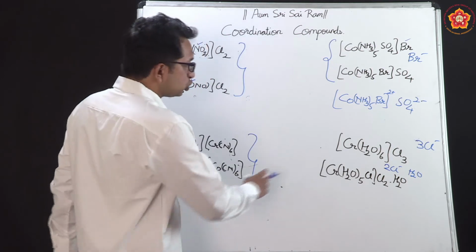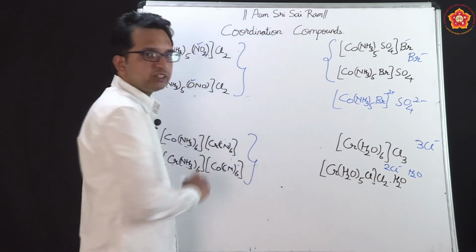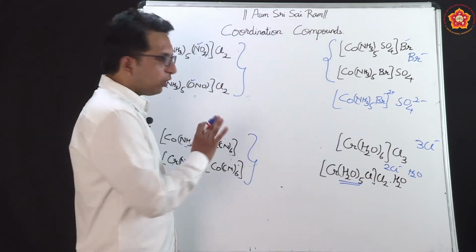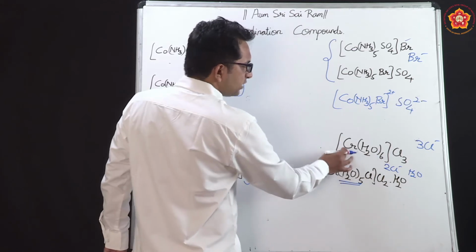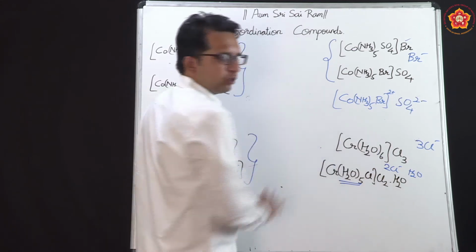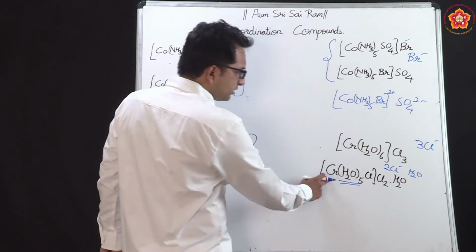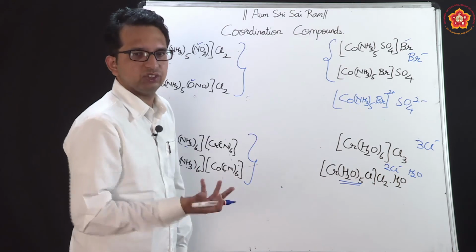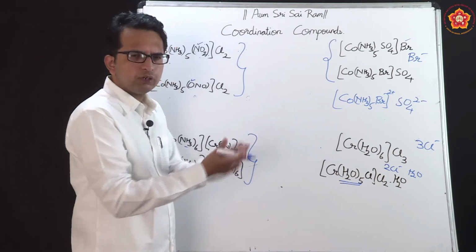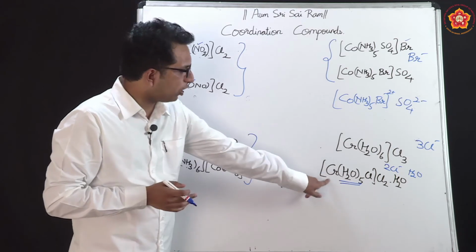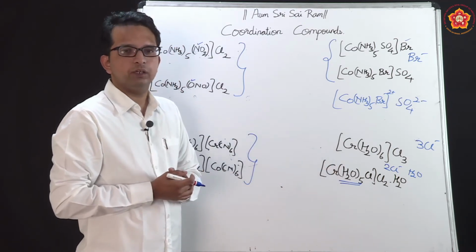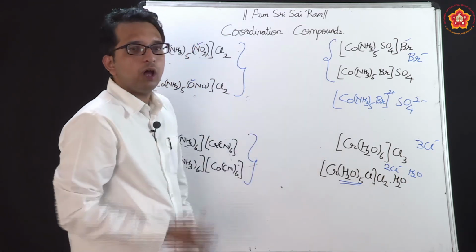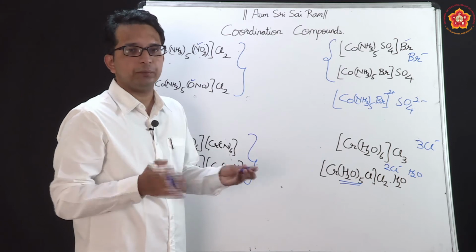So, this is named solvate isomerism, because water is a very good solvent. What is the role of water here? Here water is acting like a ligand, all the 6 water molecules. Whereas here 5 molecules are acting as ligands, and one water molecule is acting like water of crystallization, simply attached to the coordination complex. This is why it is called solvate isomerism, but it is almost similar to ionization isomerism.